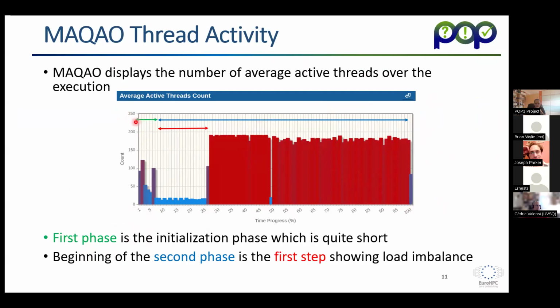So this was the serialization phase, but after that, this is where the computation starts, but there is this first step where we have a very low thread activity, because out of 192 threads, we had only something like 20 threads running. So this showed there was some load imbalance in this first step of the application.